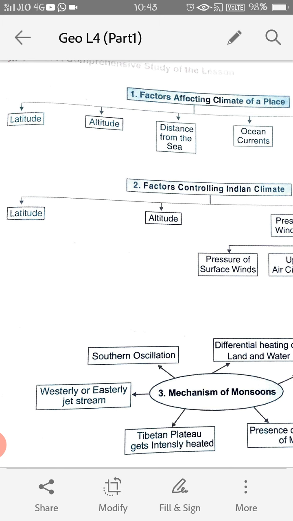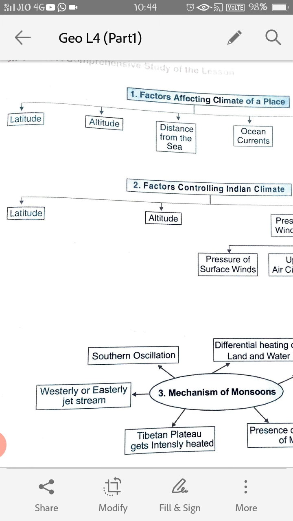All these latitudes have their own importance, as a place near the equator will have an extreme type of climate, and places near the poles also have an extreme type of climate, but in the form of cold.